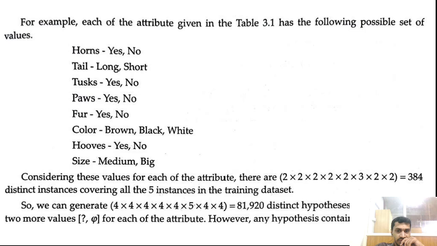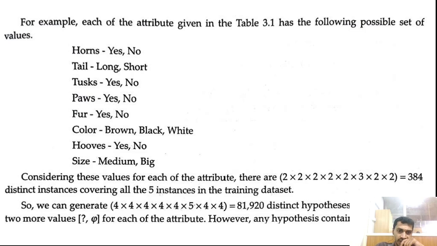When learning the concept of hypothesis rules, we have the attributes, that is the specific instances: horns, tails, tusk, paws, fur, color, hooves, and size, yes or no, long or short. If I define it specifically, for horns yes and horns no, tails long or tails short, tusk yes or tusk no, for each attribute I get 2.